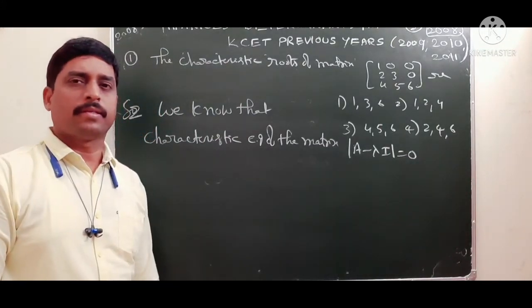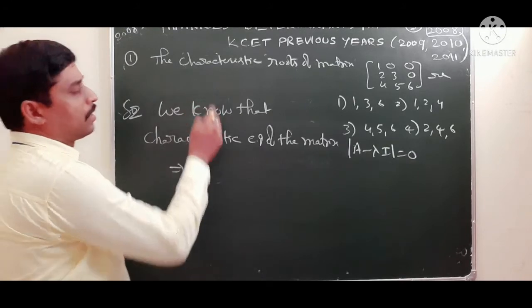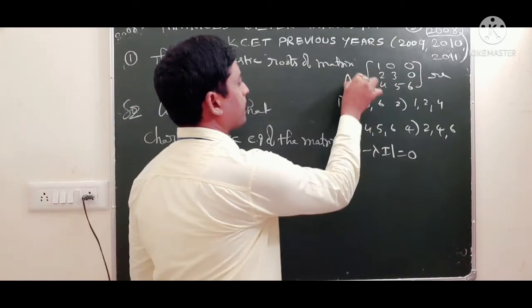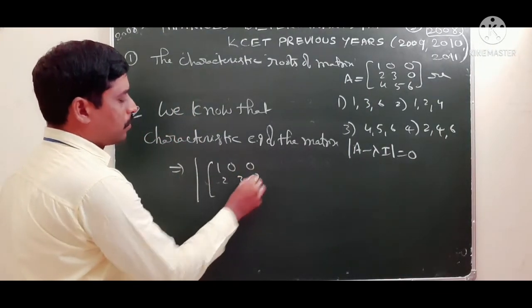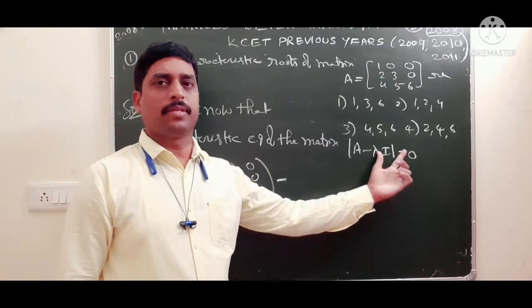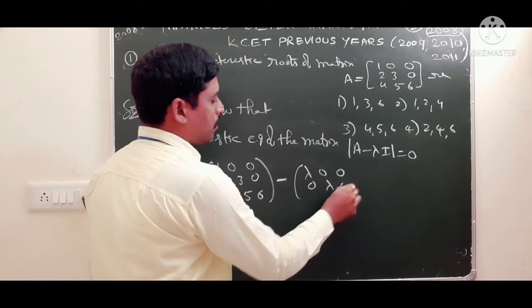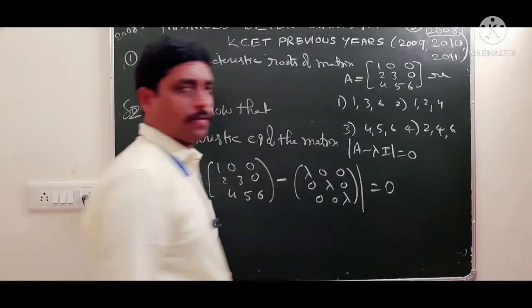From the statement, matrix A is given: 1 0 0, 2 3 0, 4 5 6, minus lambda times the unit matrix, lambda 0 0, 0 lambda 0, 0 0 lambda. This is equal to 0.